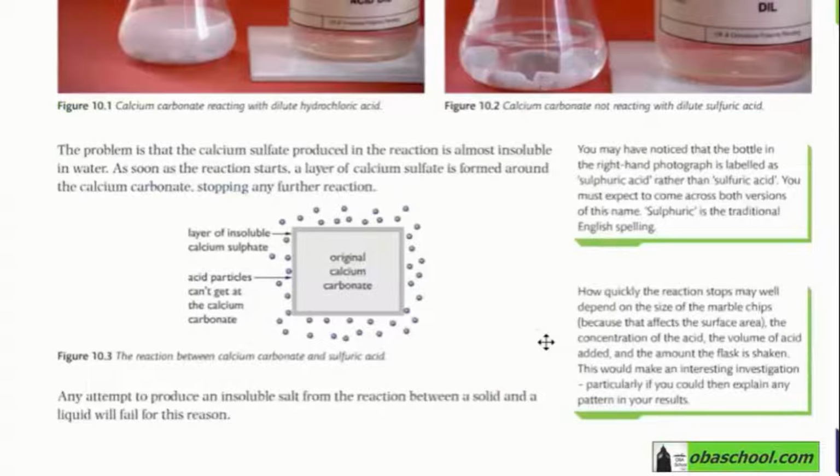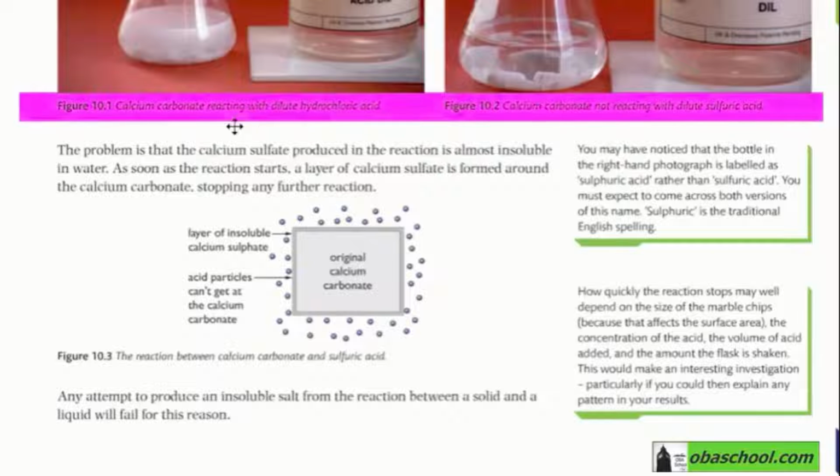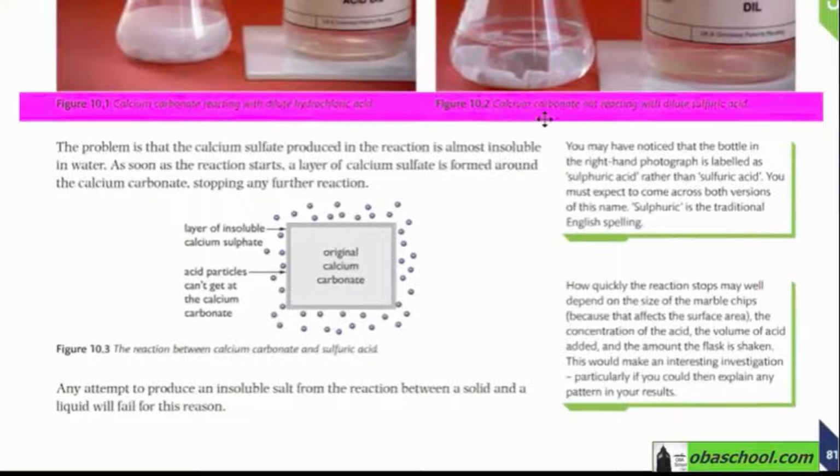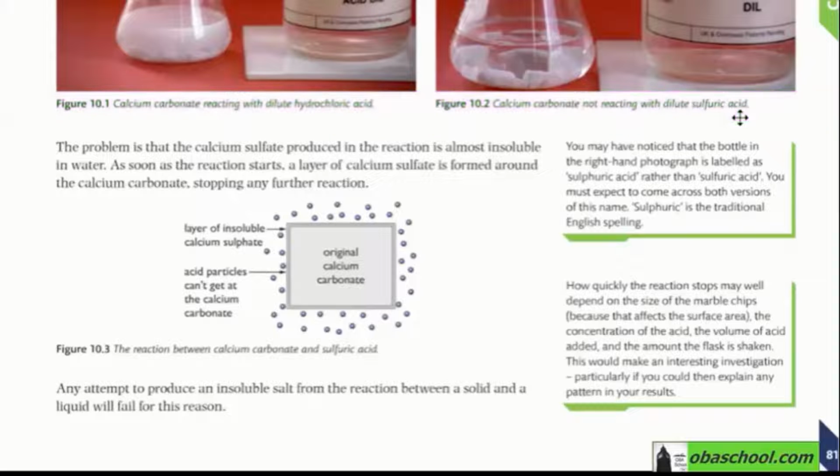We'll see an example of calcium carbonate reacting with dilute hydrochloric acid, and another example of calcium carbonate not reacting with dilute sulfuric acid. Here, calcium carbonate reacts with hydrochloric acid, however, it doesn't react with sulfuric acid.